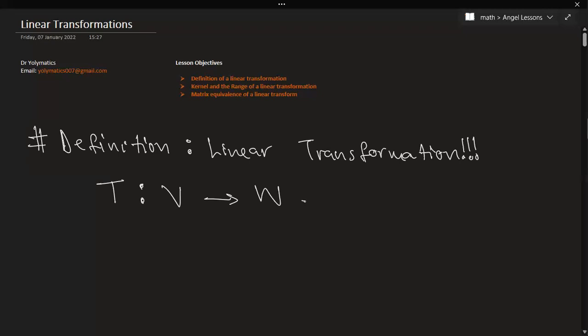That's why some books use a notation like this: a transformation T which takes us from one vector space V to another vector space W, satisfying the following properties.